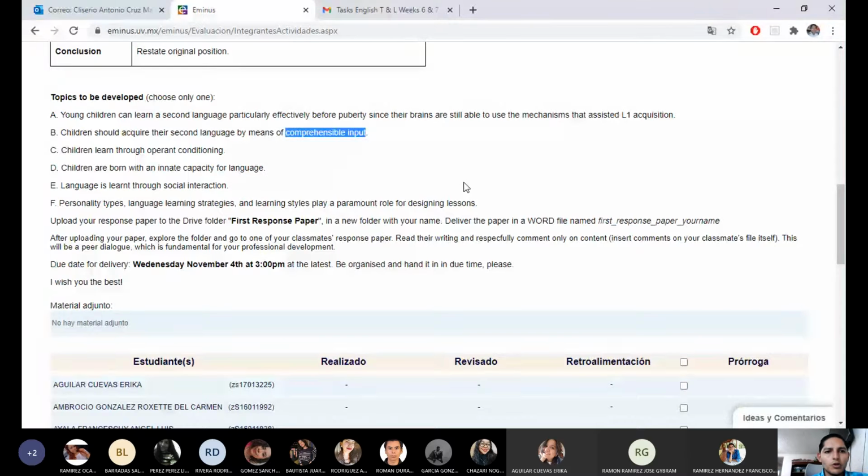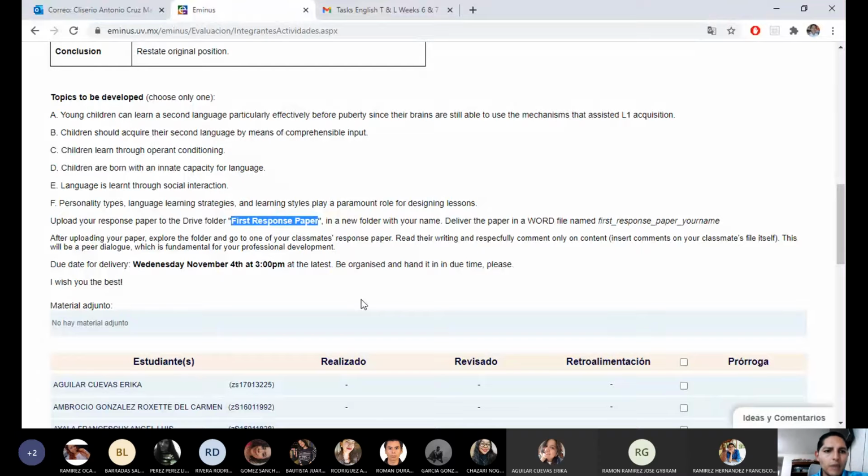You will upload your response paper to the Drive folder called First Response Paper, in a new folder with your name. Deliver the paper in a Word file named first_response_paper_Cleserio, your name.